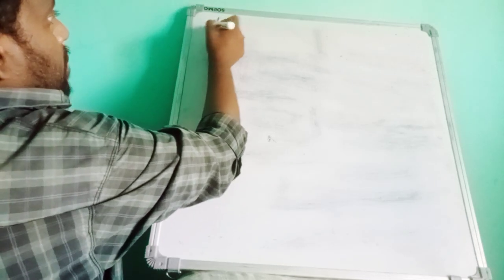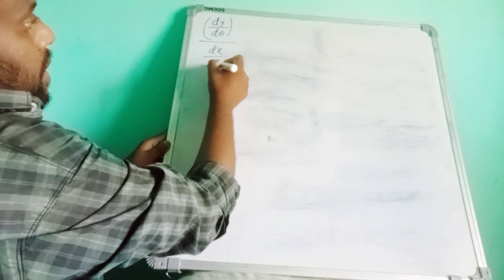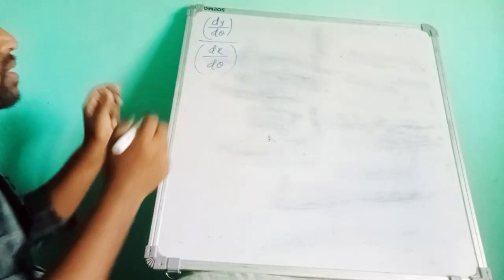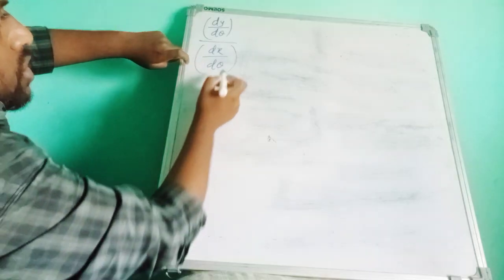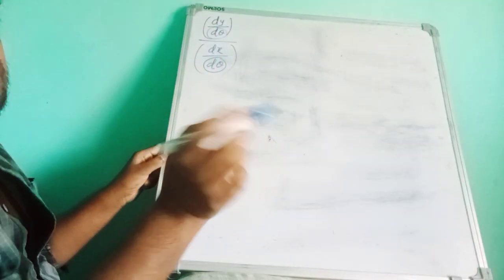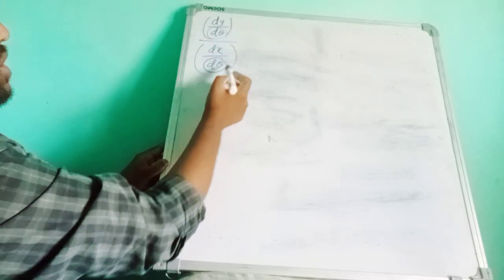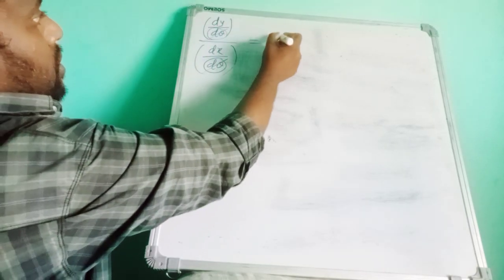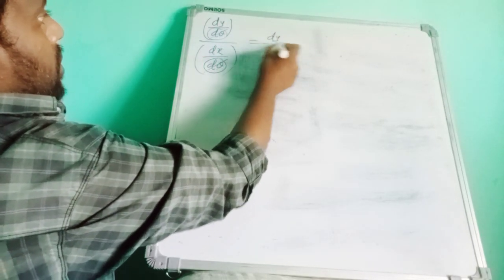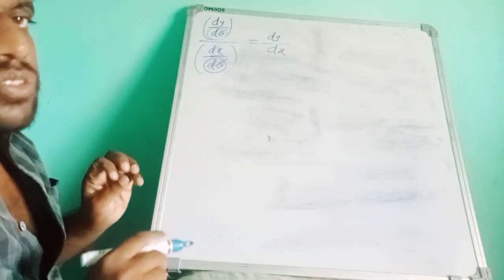First write dy by d theta whole divided by dx by d theta. See, numerator, denominator, here numerator, denominator. So this and this are the denominators. Denominators are same: this is also d theta, this is also d theta. So the denominators are same, we can cancel, and what is left? dy by this dx.